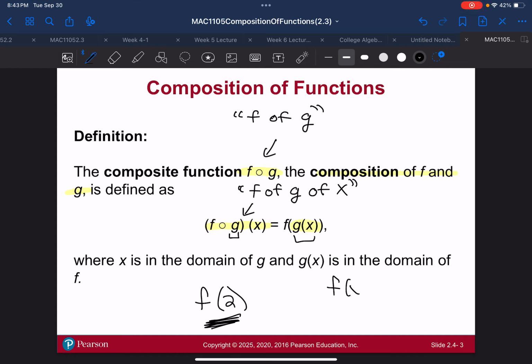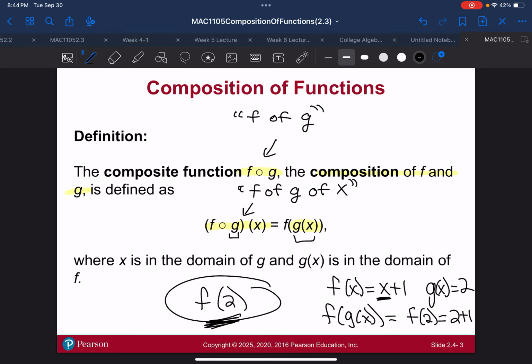If they told me that f of x is equal to, I don't know, x plus 1, and then they told me g of x is equal to the constant function 2, then f of g of x would be the same thing as f of 2, which would tell me to plug that 2 into x, into the function f. So that's all this means. It's the same thing as just what we learned here when we would put an input into x. This is going to tell us to put a whole function g of x into f as an input.